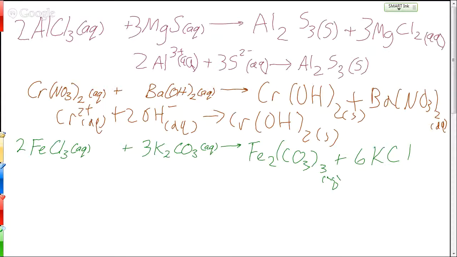Oh wait. How do I erase? You can either do Control Z for undo or E makes an eraser.